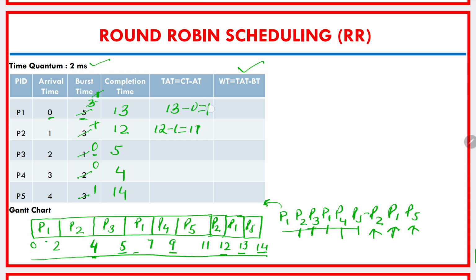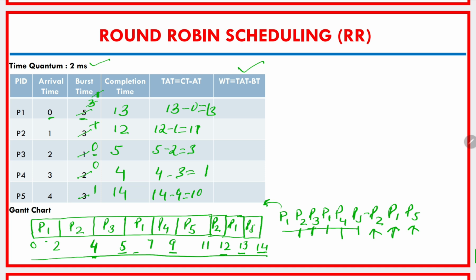Next we have to calculate the turnaround time for P3, that is 5 minus 2, which comes out to be 3. Then 4 minus 3, which comes out to be 1. And at last we have 14 minus 4, so this comes out to be 10.